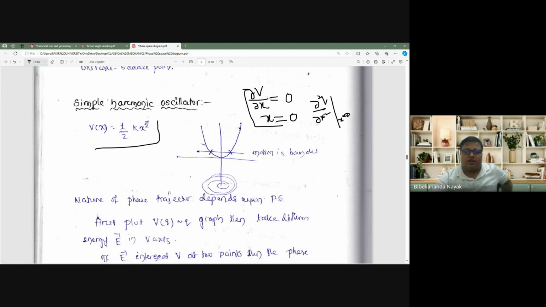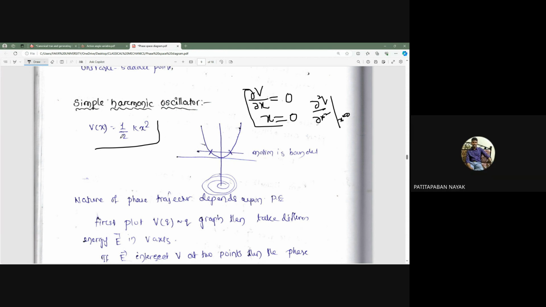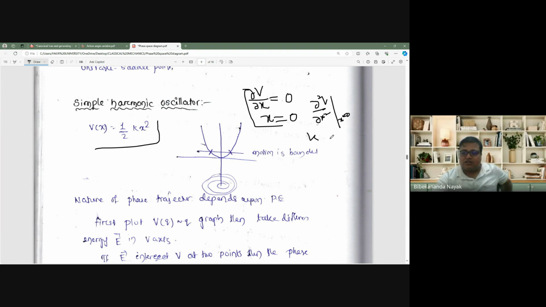Del square V by del x square is equal to how much? It is k, independent of x. Generally the force constant k is equal to m omega square, since omega is root of k by m.